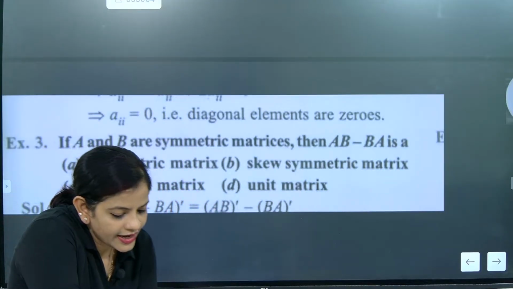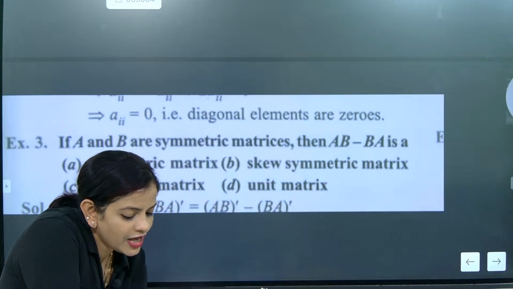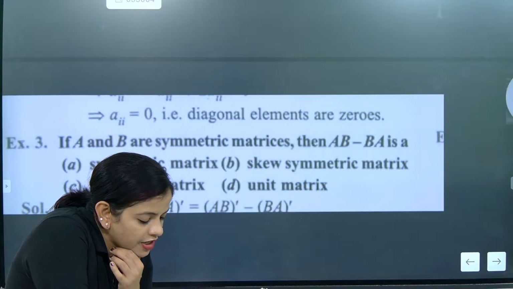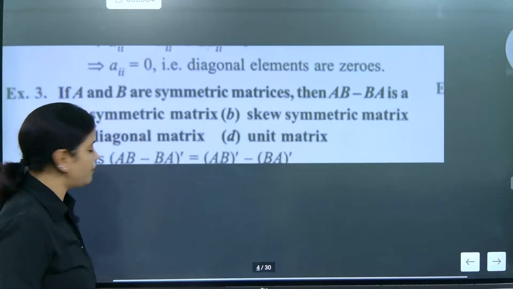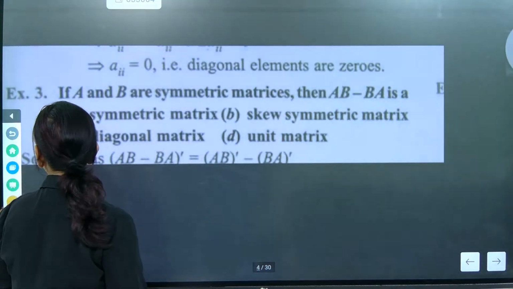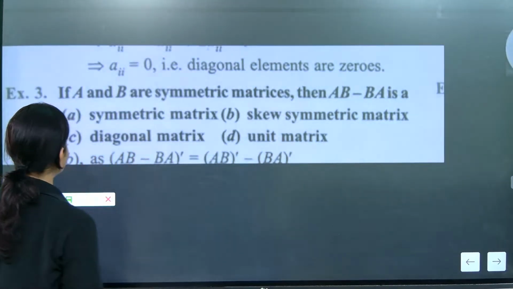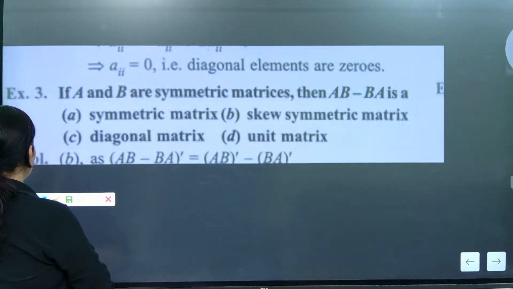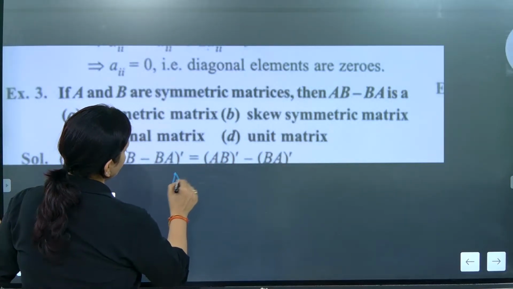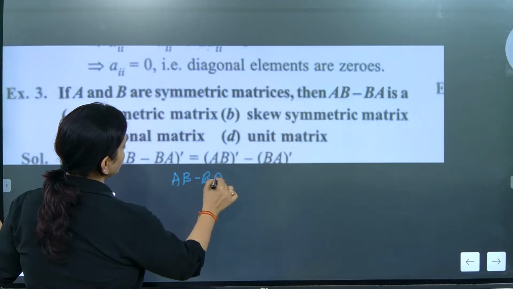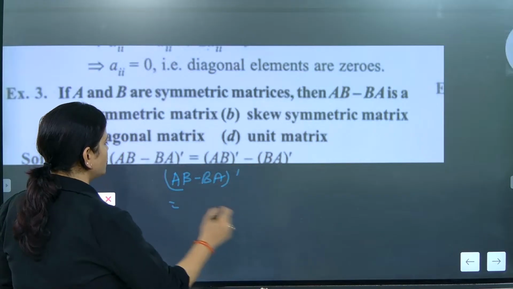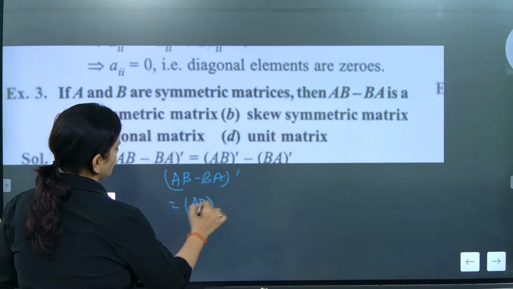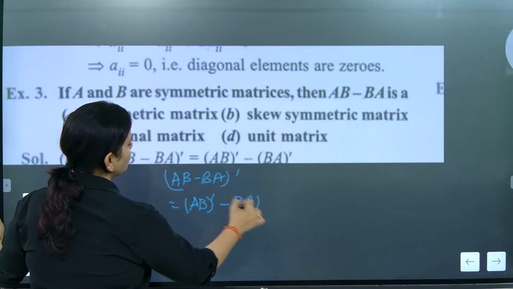Let's check this one out. They have given the solution, but let's check it. When we write the transpose of AB minus BA, you know that the transpose is distributed. So AB will go for transpose and BA will go for transpose.